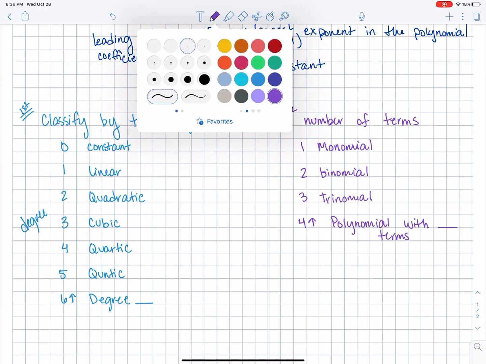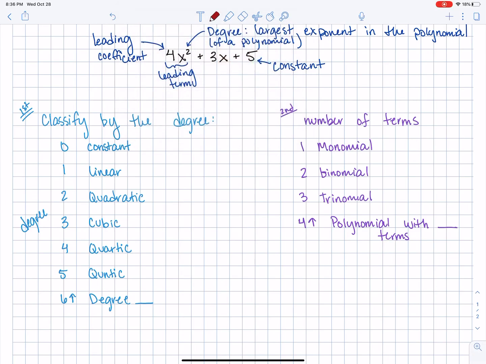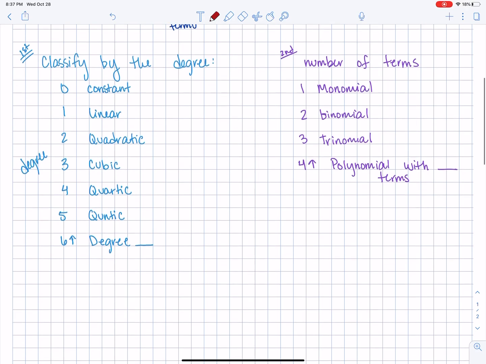So this polynomial is what we would call, go over here, a quadratic trinomial. A quadratic trinomial.